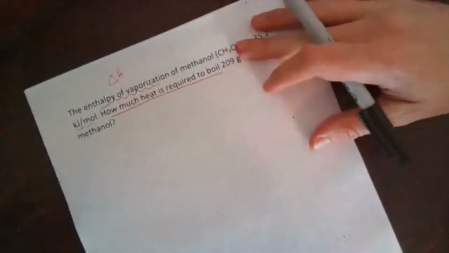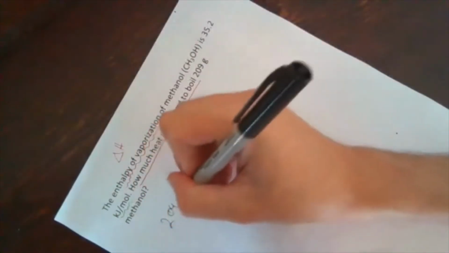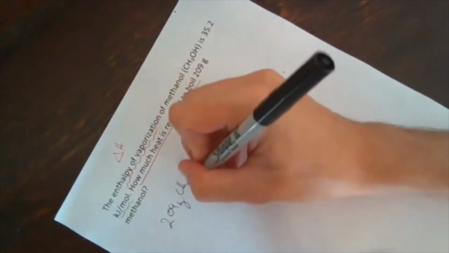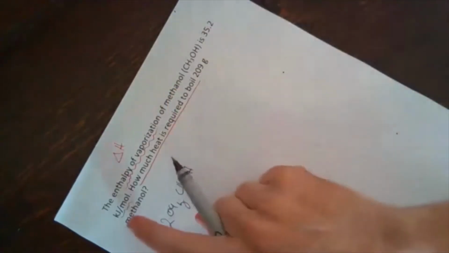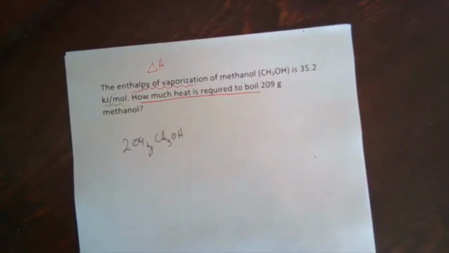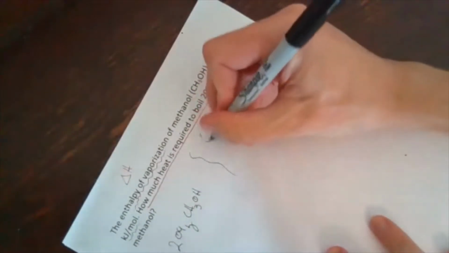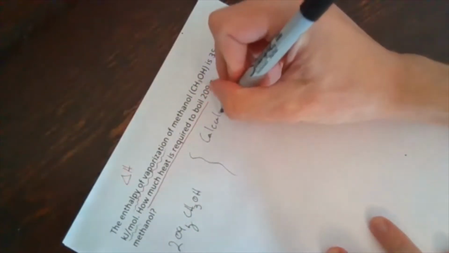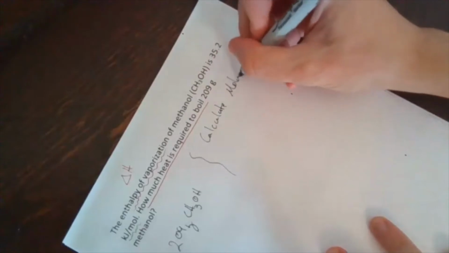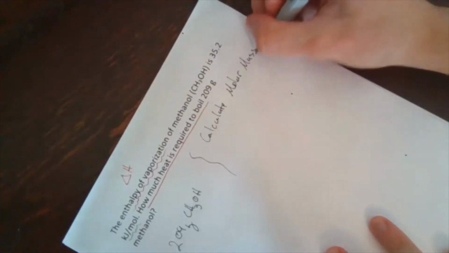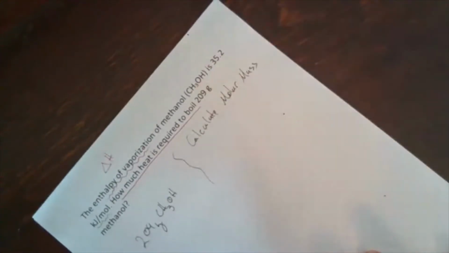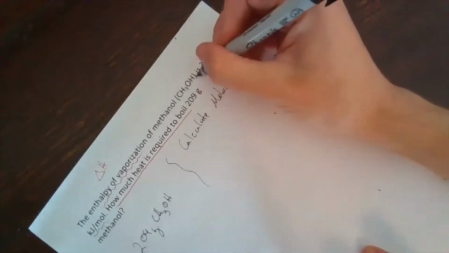Okay, and so we know we're starting out, we have 209 grams of methanol. And so that's not going to work to correspond with kilojoules per mole. So what we're going to have to do is turn that into moles. And so we're going to need to calculate molar mass. Calculating molar mass is going to be based on the atoms in our molecule.